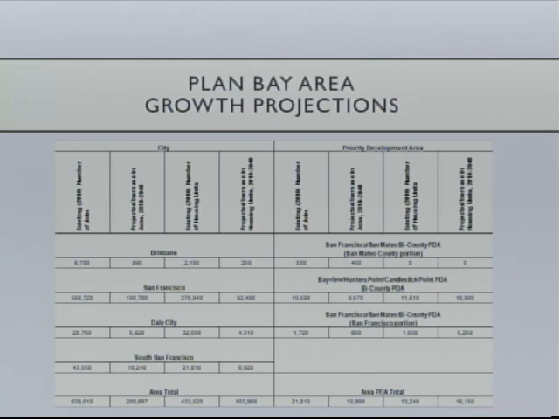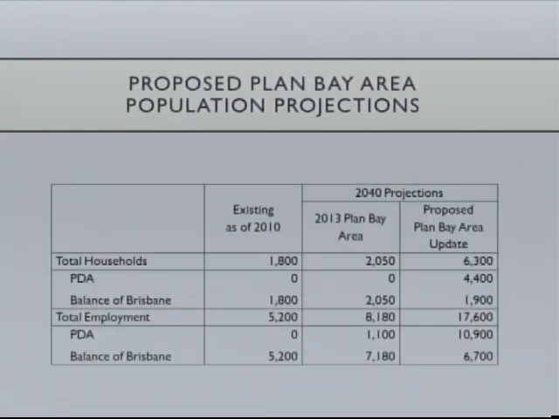Per state law, this is to be updated every 4 years. And so there's an update going on right now, and I think there was a presentation at the City Council. And the proposed Plan Bay Area shows a very different projection.